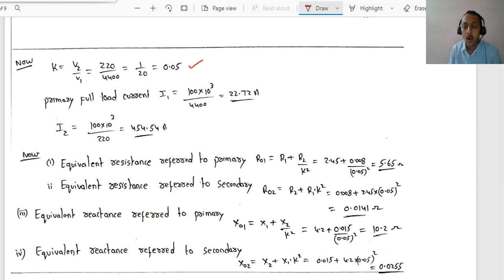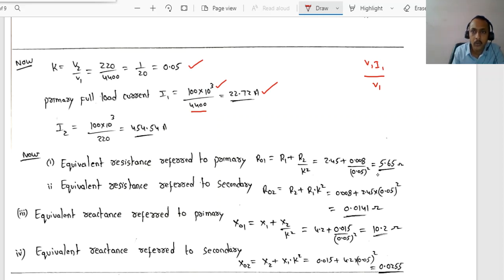Clear? Now how much current will be drawn? You already know the formula for power. V1 I1 is known. If you simply divide this power with V1, we will get the value of current. V1 I1 is 100 into 10 power 3 divided by V1. V1 is 4400. We got I1 as 22.72 amperes.